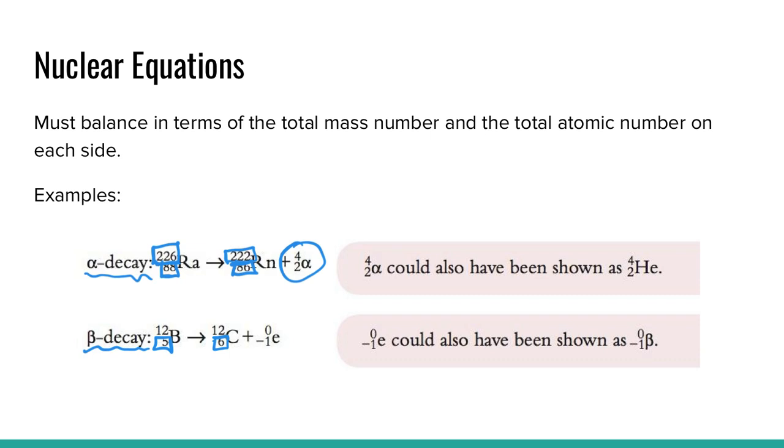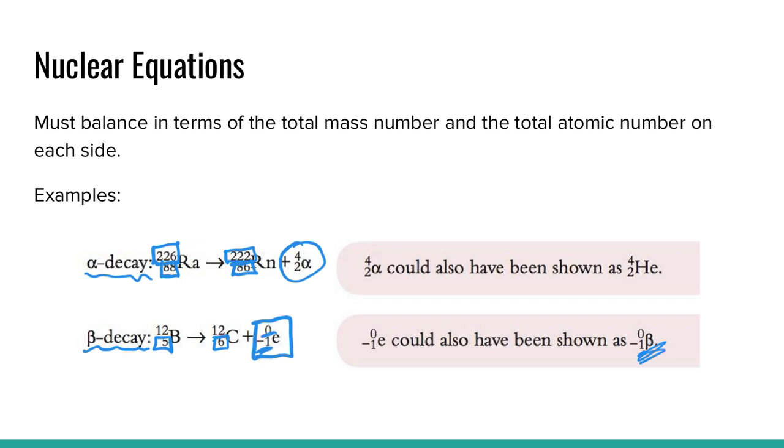So the atomic number goes up by 1 because the atomic number is the number of protons. The protons go up by 1, and the element is going to be 1 place to the right in the periodic table. So we're going to form, in this particular example, carbon, and then our beta particle is written either as an electron, or you could also show it as a beta with a -1 and a 0 here.